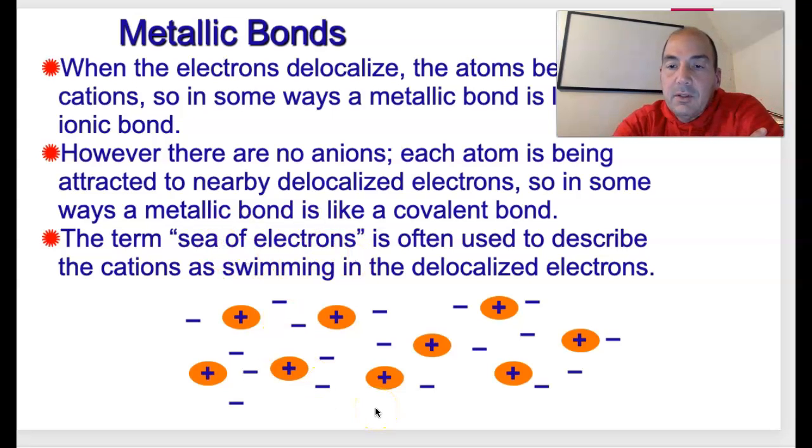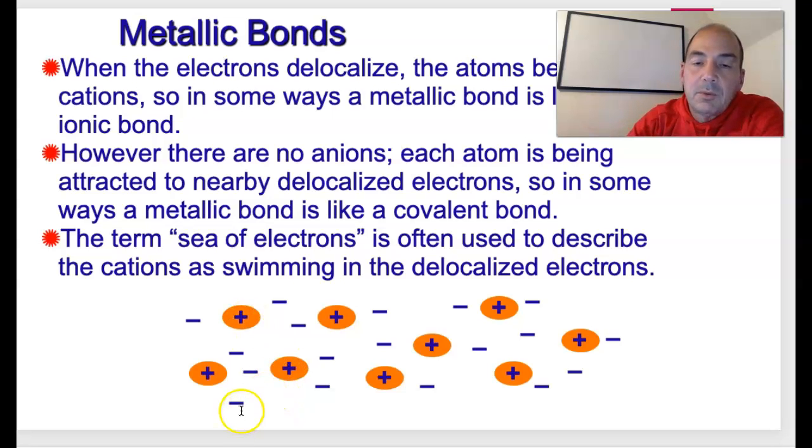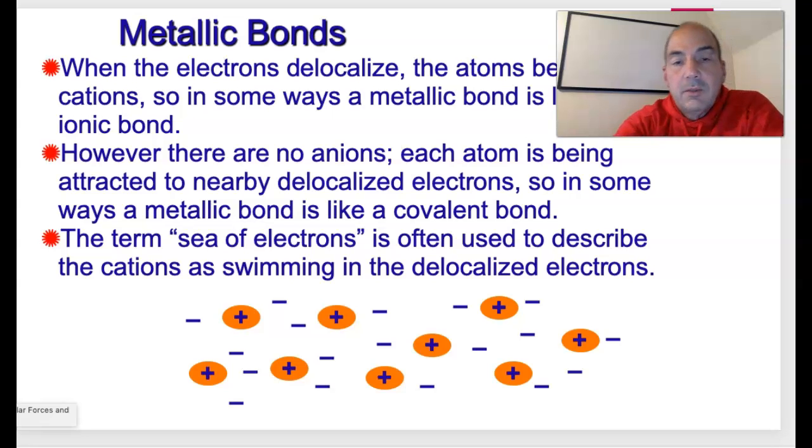So it's, in a way, covalent in that we're talking about attractions to the electrons between different nuclei, but it's also kind of ionic in the fact that we're talking about cations being attracted to these negative particles. So it's a little bit of a unique situation there. So those are your basic bond types.